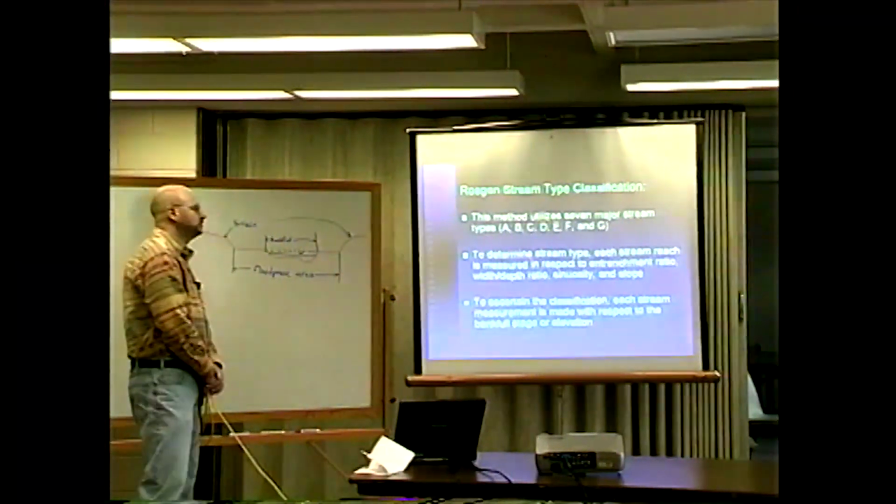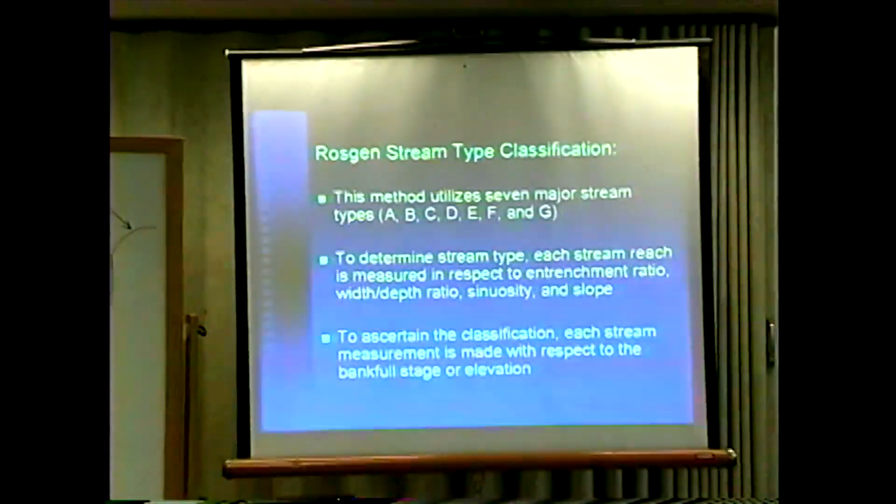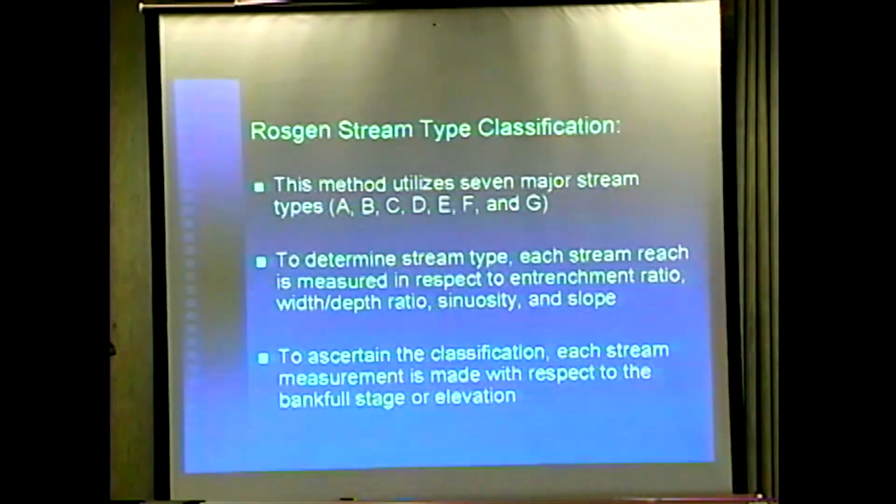Okay, the Rosgen Stream Type Classification has 7 major types, A through G, and they look at things such as slope, sinuosity of the stream in the area, what's called width-depth ratio.